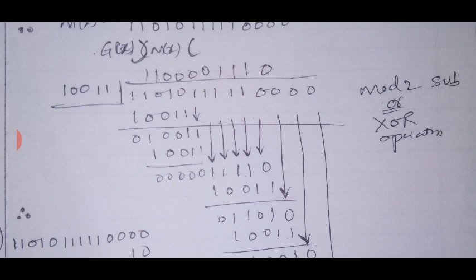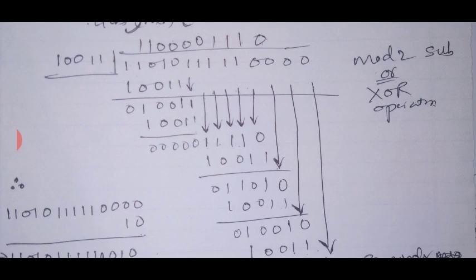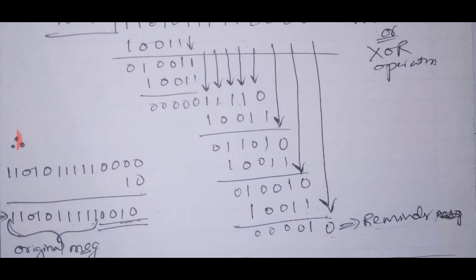So after doing XOR operation here, next 1, and on the upper side you can observe 110000. After this 1, do XOR operation once again. Fine. At the end you can observe that the remainder will be 0.